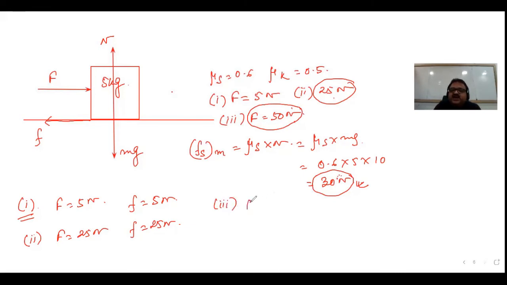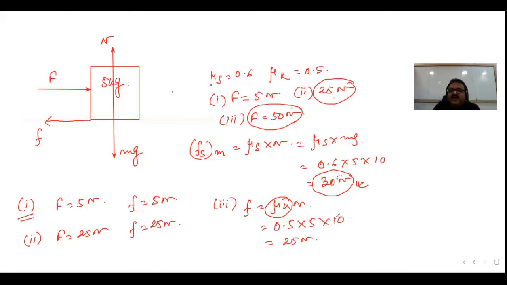So in this case, F equal to mu k into normal reaction. Mu k is given, that is 0.5. And what is the value of the normal reaction? That is 5 into 10. That means this is 25 Newton.